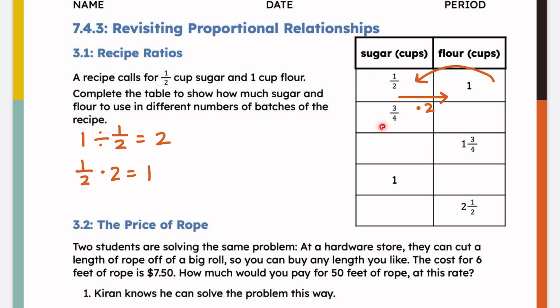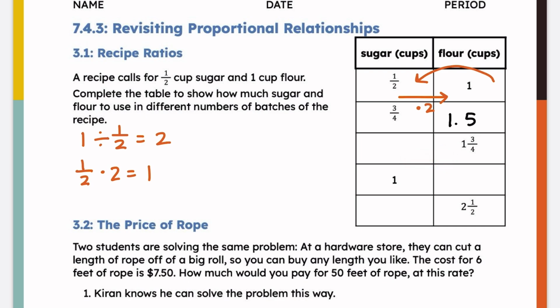So 3/4 is going to be multiplied by 2. Go ahead and use your calculators for that. 3/4 times 2 is equal to 1.5. And now we have to work backwards and divide. Because going forwards, I'm multiplying by 2, but I don't know what belongs here, so I can't go forwards by multiplying by 2.